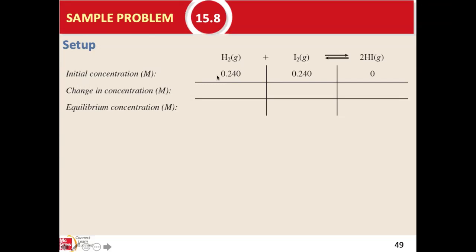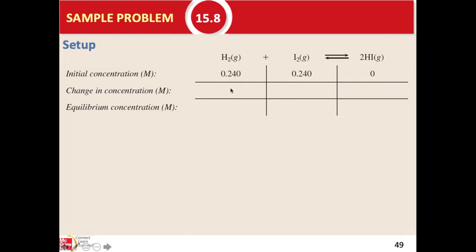The problem gave us the initial concentration of hydrogen, 0.24, and the initial concentration of I2, 0.24, and we do not have initially a product HI, so it is 0. Since this is 0, we know the reaction has to proceed to the right to make HI. So this will be plus, but the two reactants have to be consumed, minus.